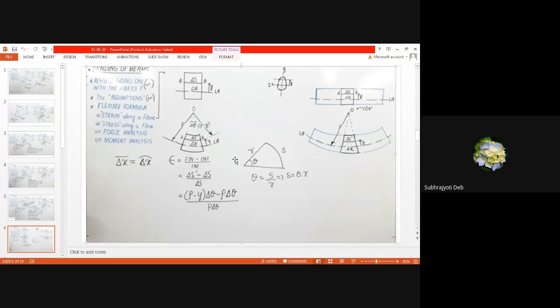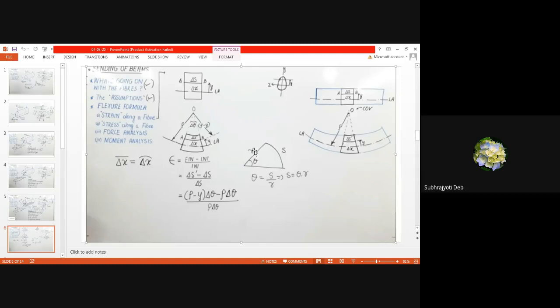See, you know how to calculate the arc length. This is an arc, and s is the arc length. Arc means it's a part of a circle. So this is s, the arc length, and this is the radius of curvature.